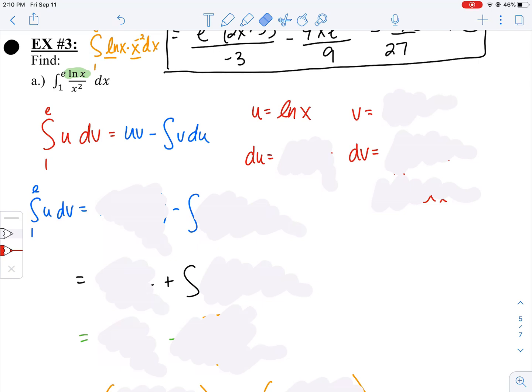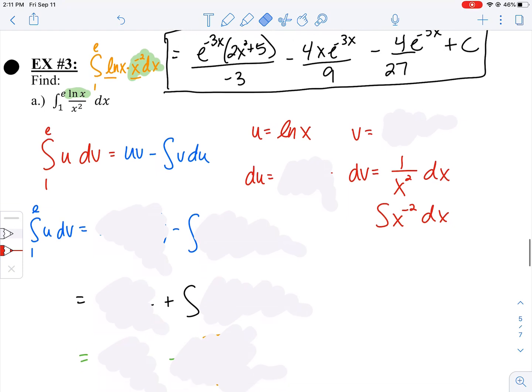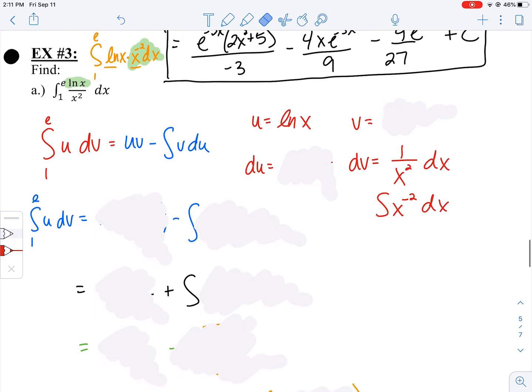If the natural log of x is my u, then that means the rest of it is my dv, right? So 1 over x squared, or you could say x to the negative 2 dx, would be your dv. Okay, so if u is the natural log of x, then the derivative of any natural log is the derivative of the inside over the inside.